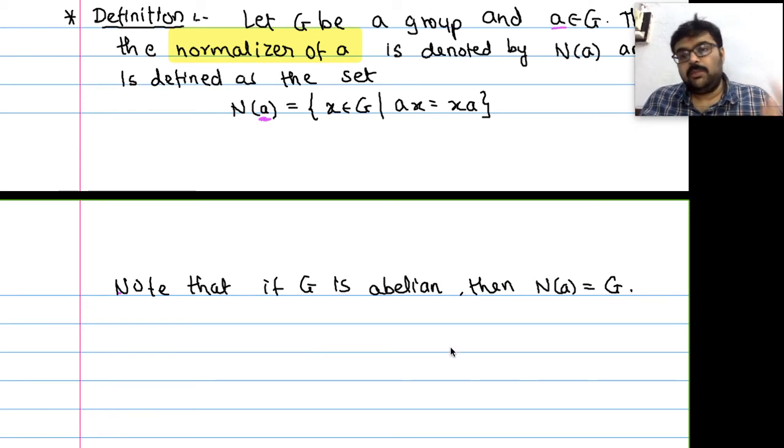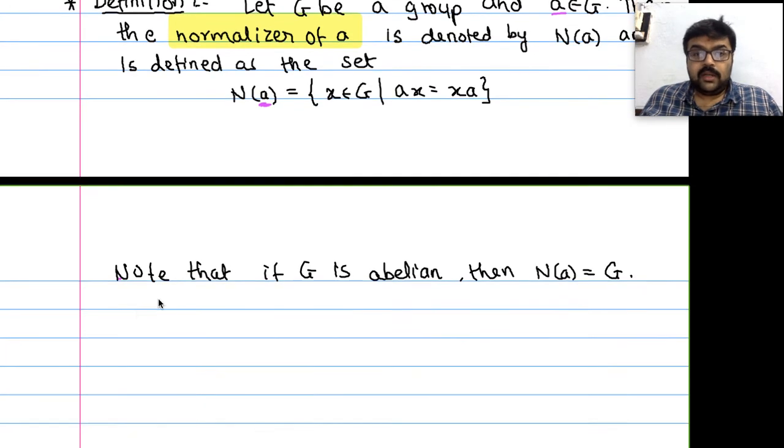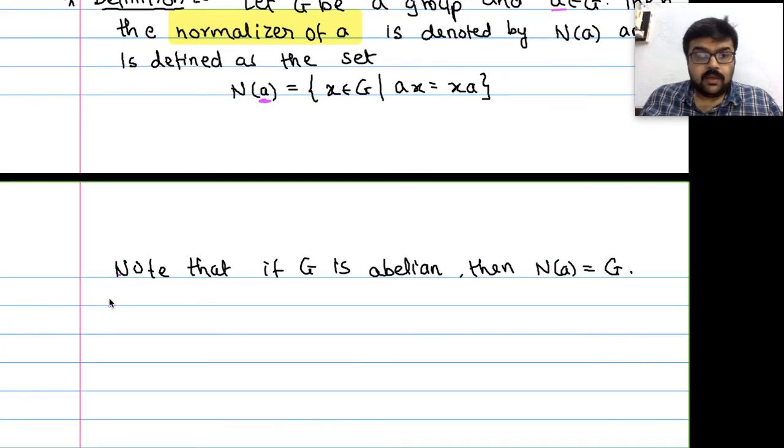A સાથે તો બધા commute કરવાના જ. Not only that, if A belongs to Z, that is also sometimes written ZG, A is in the center. Center means what?